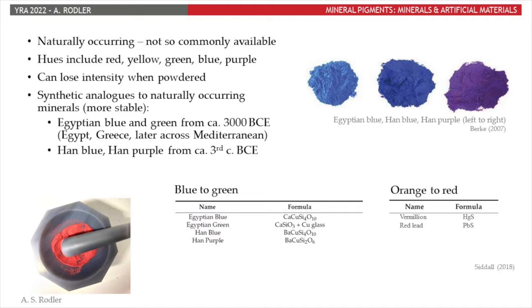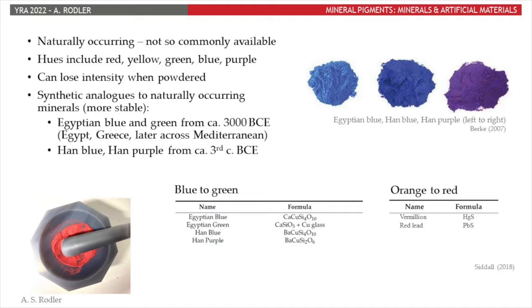And then flux was added, and all of this was heated to roughly 950 to 1000 degrees Celsius, and then fused together. We'll look at this a little bit later again, but it's one of the key pigments that connect metalworking, glassworking, as well as the pigment industry, and that have been used for a rather long time and across a wide area.